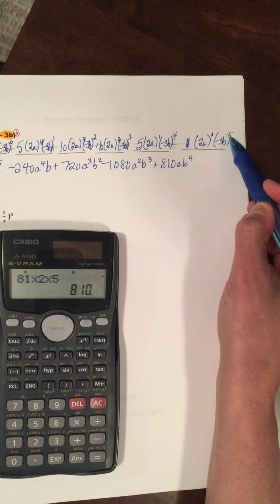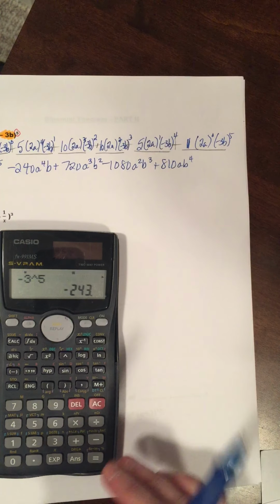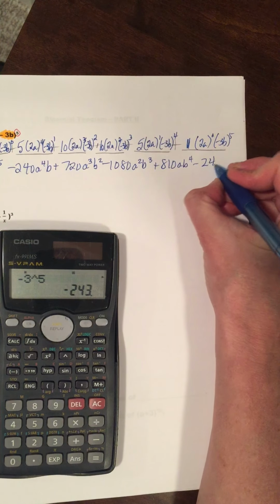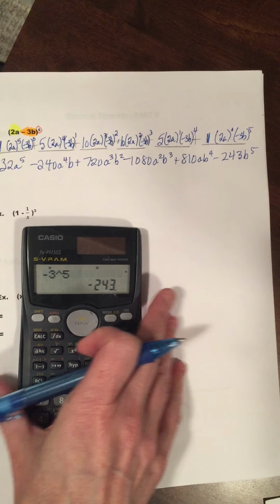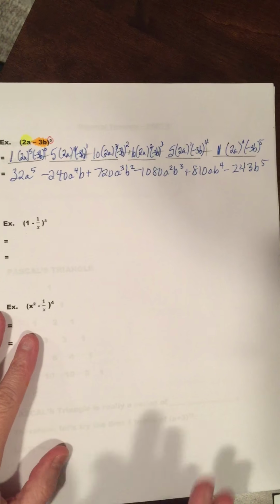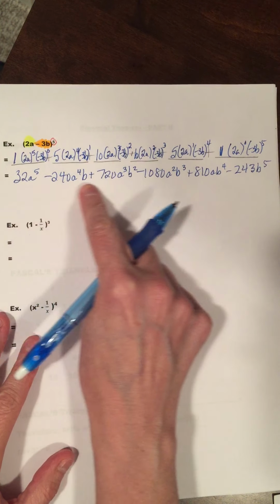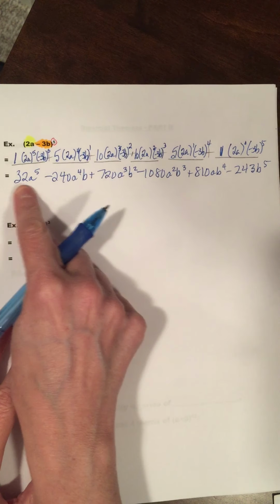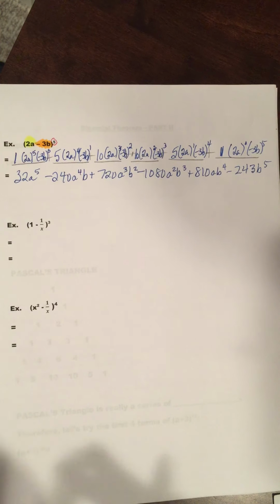Negative 3 to the exponent 5 is negative 243 b to the 5. So where my students usually end up having some issue is in this simplification. Okay, you got to go real slow, and you do the coefficient first, then the letters. Coefficient first, then the letters. Okay, they're going to take some practice.